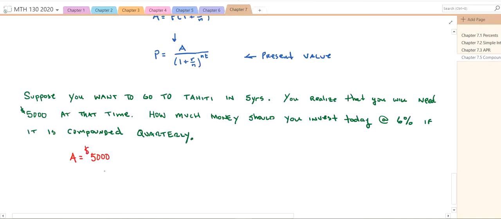That's our future amount. Our rate is 6%. Our time, well, we're giving ourselves 5 years. And over that 5 years, each year we're going to compound quarterly, or 4 times.